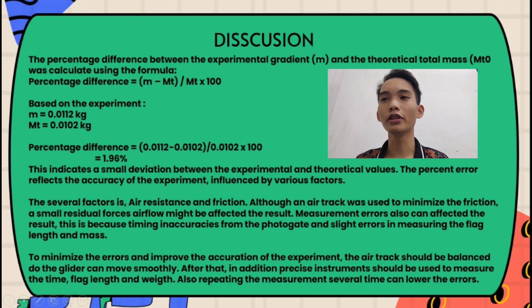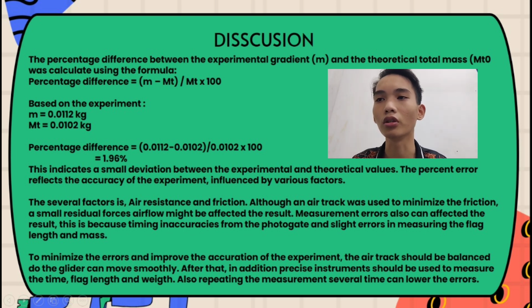The percentage difference between the experimental gradient m and the theoretical total mass mt was calculated using the formula: percentage difference equals m minus mt divided by mt times 100. Based on the experiment, m equals 0.0112 kg, and mt equals 0.0102 kg.